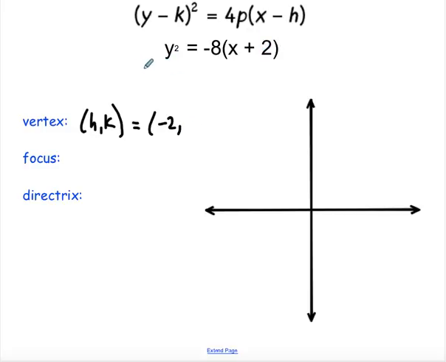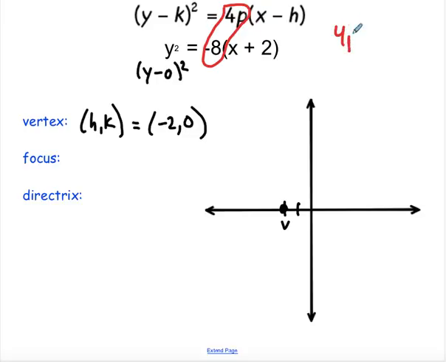And K, well, technically, this is y minus 0 squared, so K is 0. So our vertex is -2, 0. We could plot that on our graph and label it.